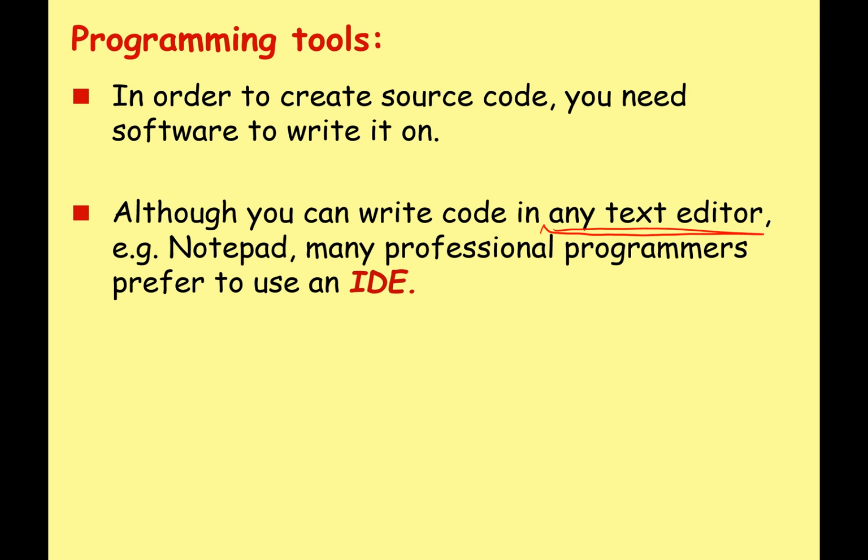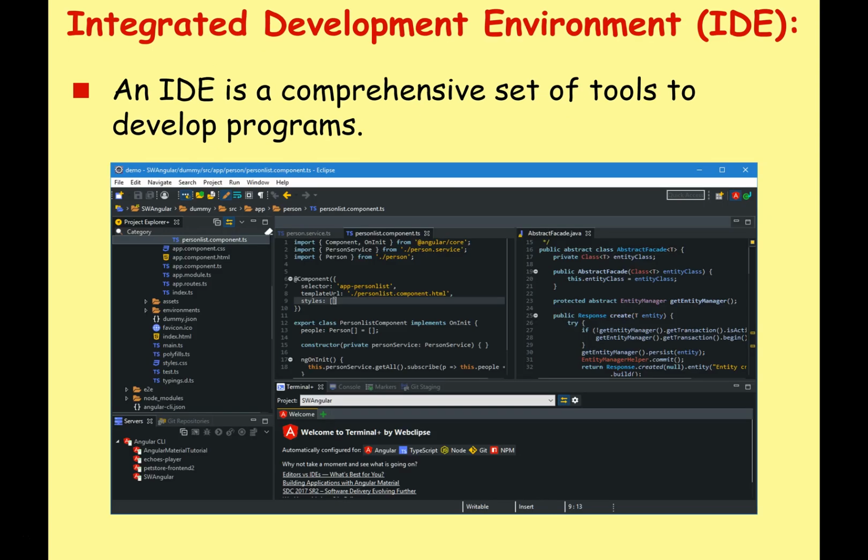Something like Notepad would be fine. But many professional programmers, or even students, like to use what we call an IDE, an Integrated Development Environment. It's a piece of software that contains lots of features that make developing programs a little bit easier. So there we go. A comprehensive set of tools to develop programs.